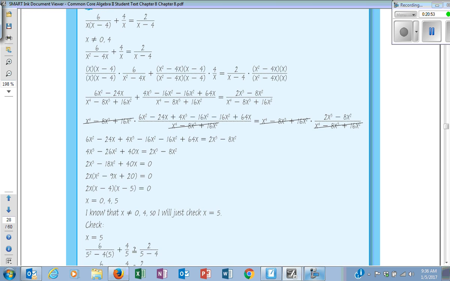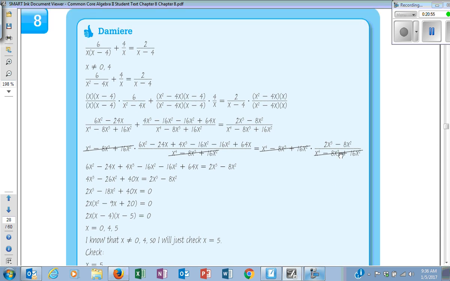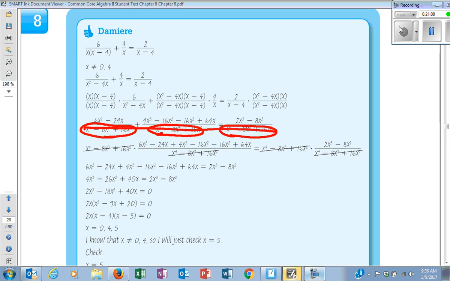And in this problem again, he's making the denominators the same. Boom, they're the same. Boom, they're the same. Boom, they're the same. And once they become the same, you can just basically mark this off. And then up here, you just combine all the like terms on this side first, set it equal to this side.